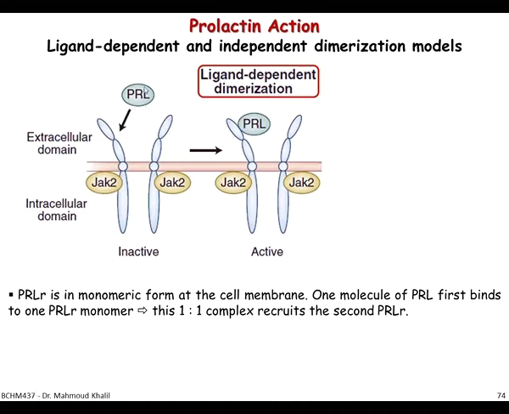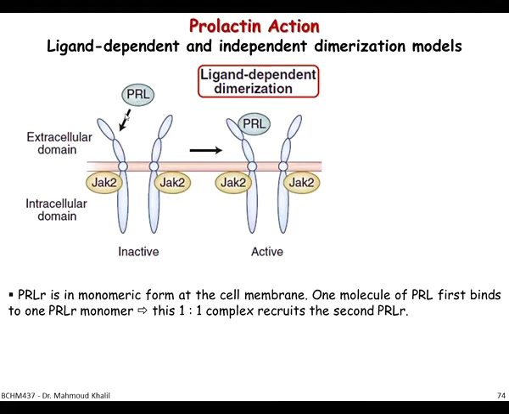Once the prolactin hormone reaches its target cell, it interacts with a monomeric receptor, which is called the prolactin receptor, at the cell membrane of the target cell.